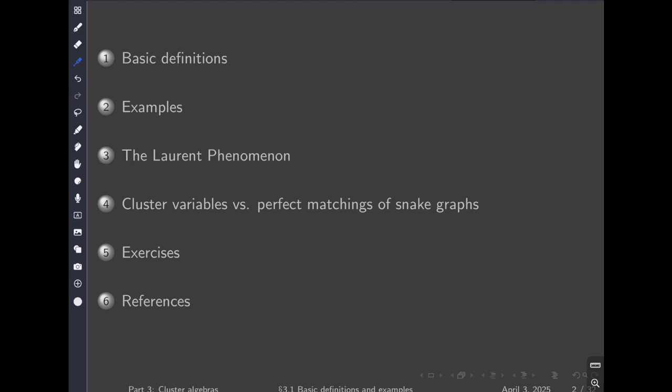So one starts with a certain combinatorial datum, which is either a quiver, which is a finite directed graph, or more generally a skew-symmetrizable matrix, and a tuple of algebraically independent elements of some rational function field.